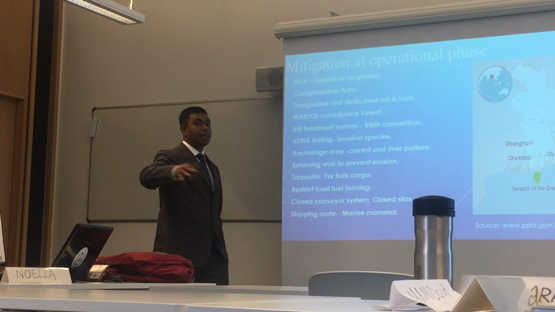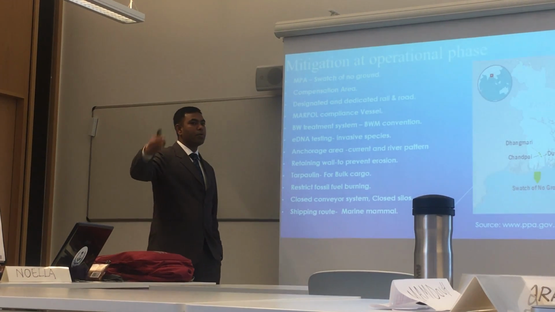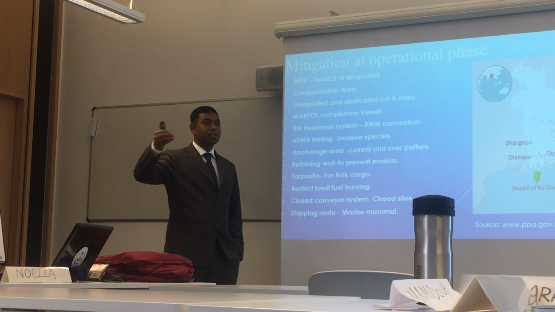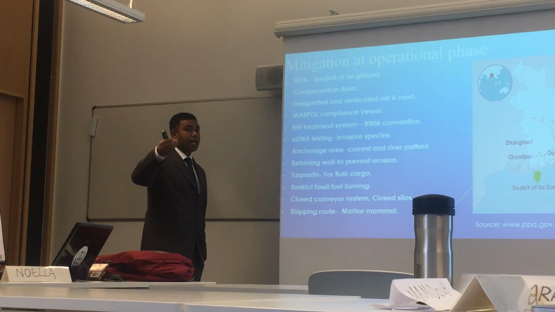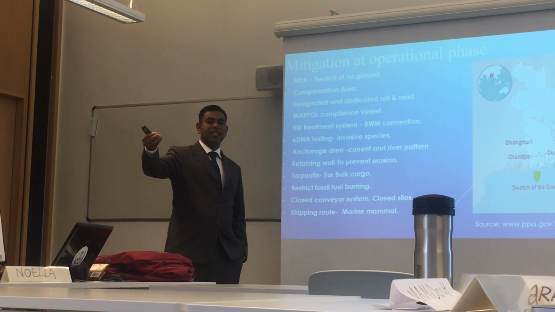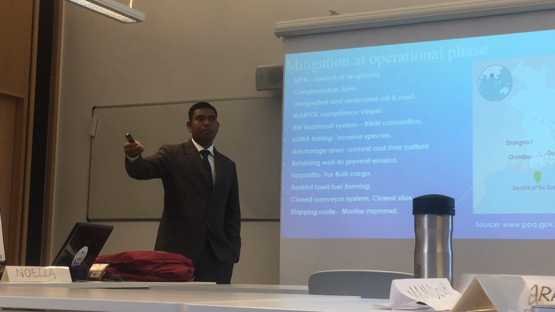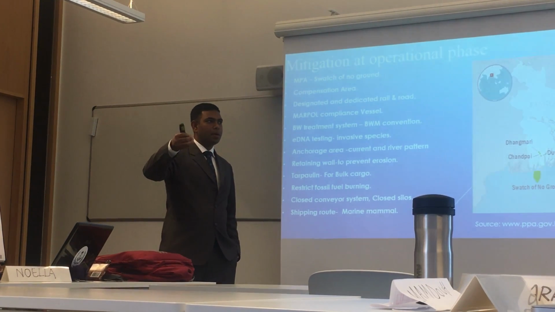We can designate rail and road infrastructure for vehicles coming to the port. We can encourage the Marpol-compliant vessels to come to the port so that they can pollute less.